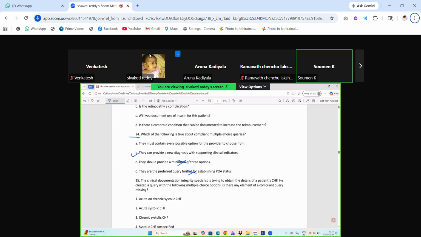No? Yes, we can raise leading queries in the multiple choice version also, if we provide the diagnosis. In multiple choice, we need to raise the question in either leading or compliant, non-leading version.